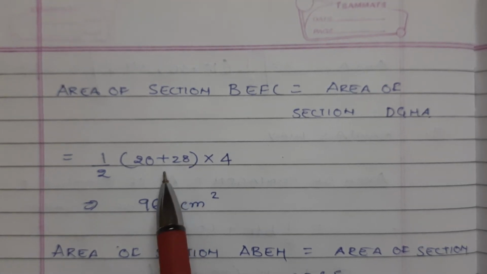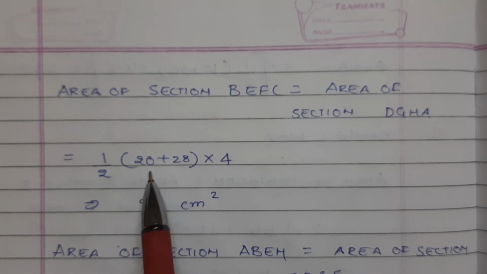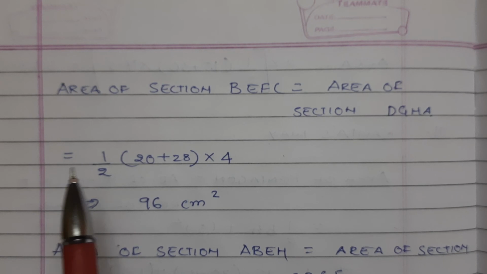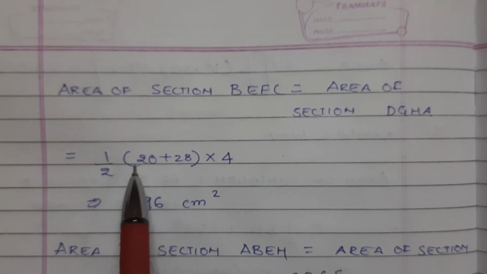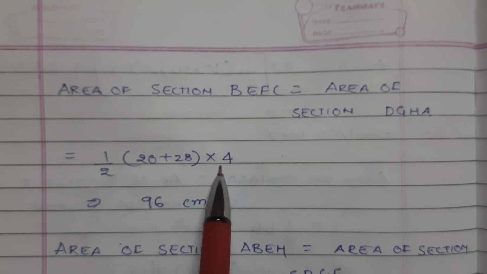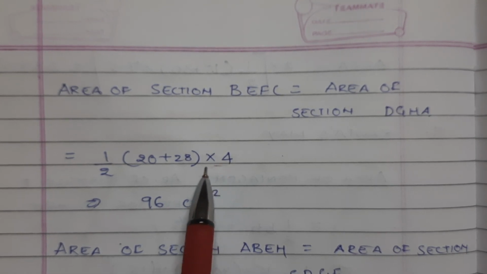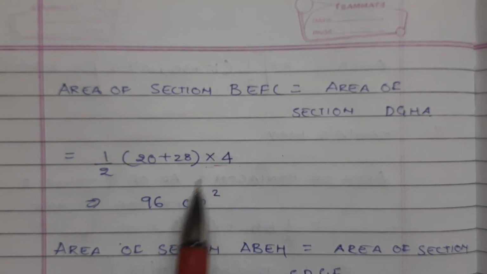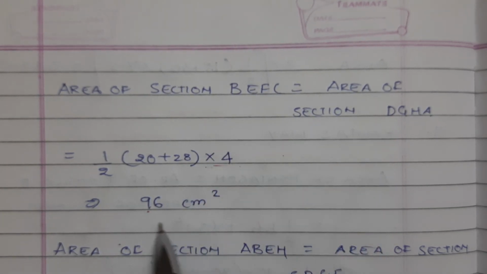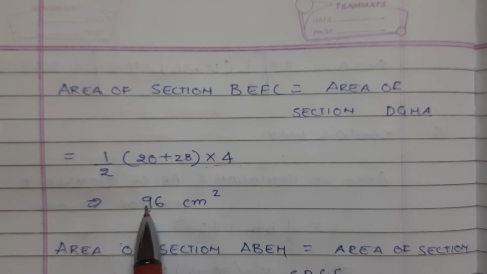Putting the values for finding the area of the trapezium, half the sum of the parallel sides into the distance, that is the width, we have just now calculated as 4 centimeter. We get the area of these two sections to be 96 centimeter square.